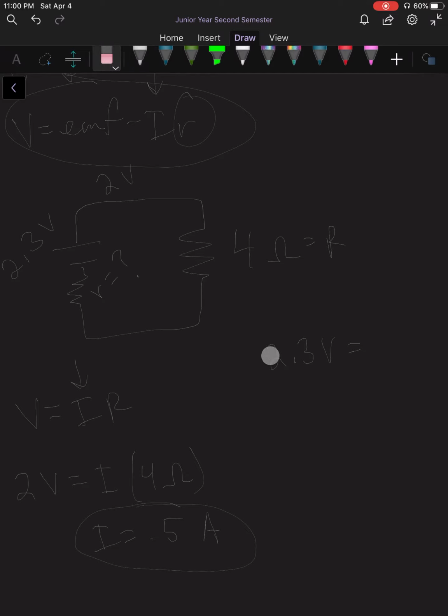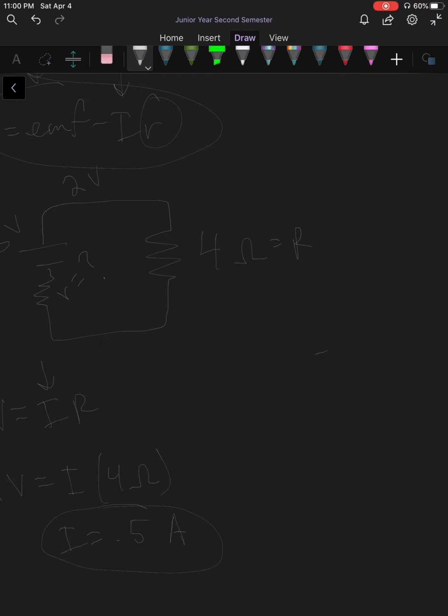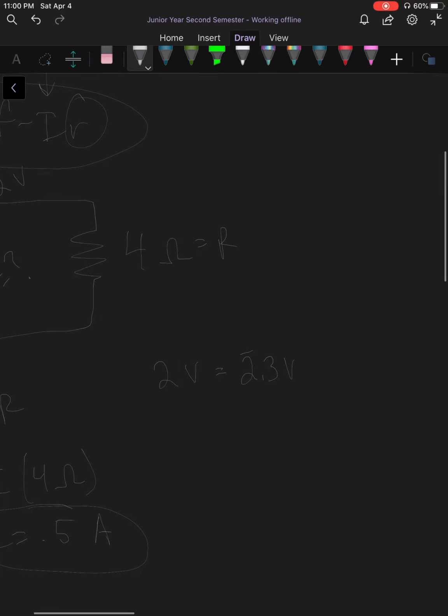So we're going to go back actually. So our terminal voltage is 2. Our EMF is 2.3 volts, and then minus the current we just found, 0.5, times the internal resistance. And then we are looking for R.